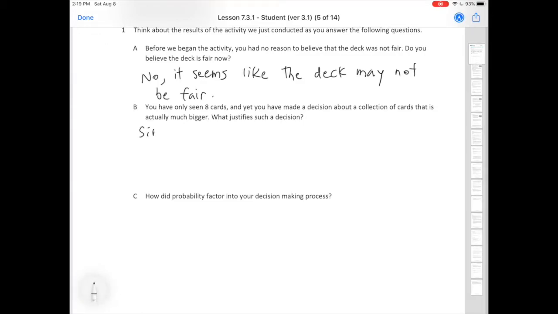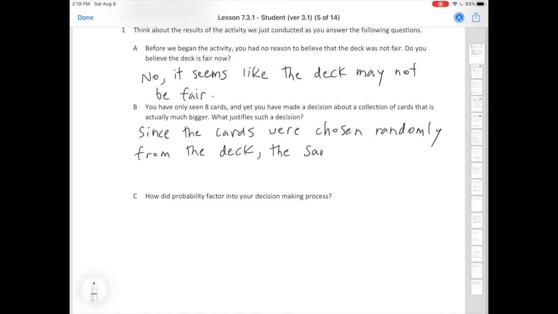So since the cards were chosen randomly from the deck, the sample is most likely representative of the deck.